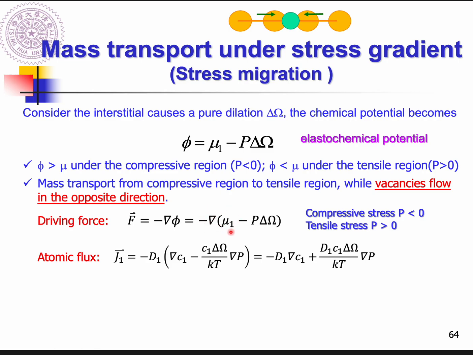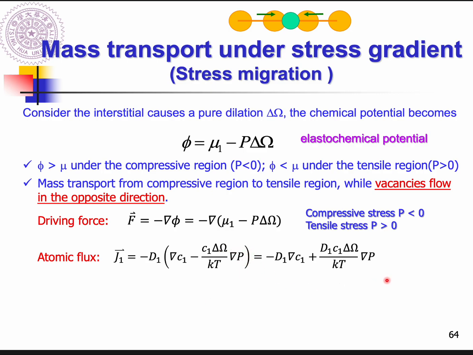The first term is due to the concentration variation, so you use minus diffusivity times concentration gradient. The second term is due to the stress field, so we use the mobility, concentration, and driving force. And don't forget the negatives become positive, so here it is also positive: mobility, concentration, and driving force. The driving force is omega times the stress gradient.